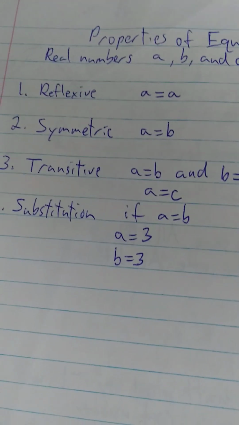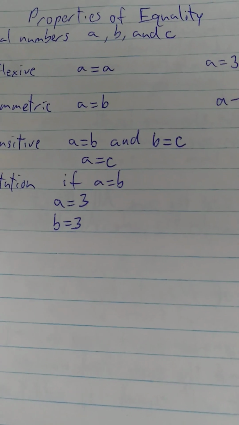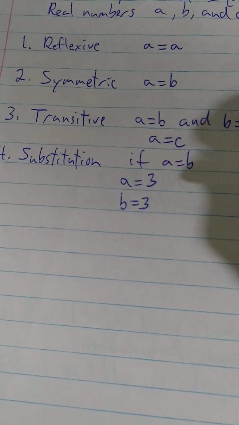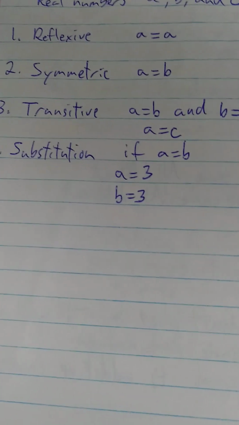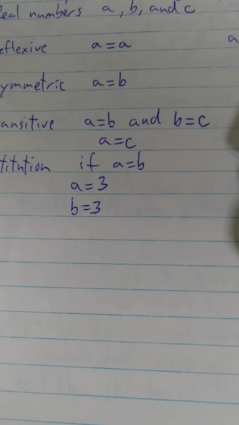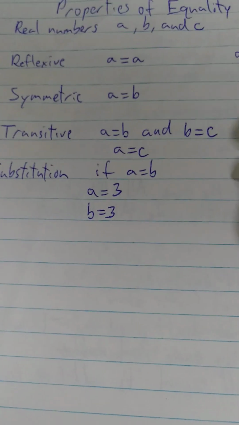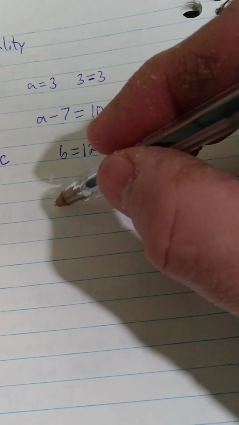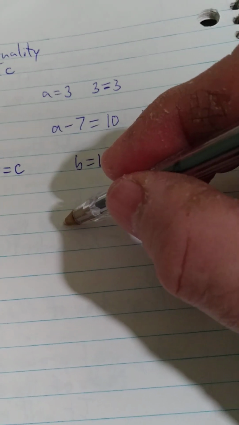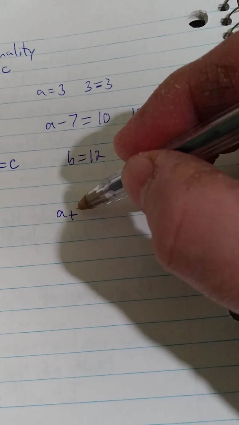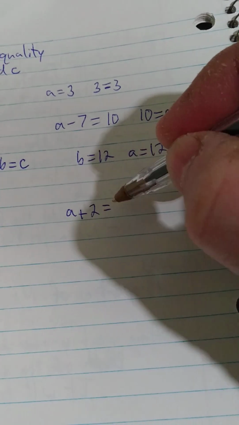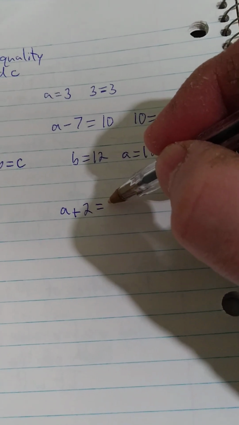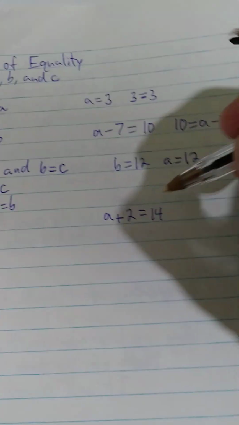Now the last one, the substitution, I've already kind of given some example of that, where we substitute one term for another. I'll give another example here. If A equals B, and suppose we have, let's see, A plus 2 equals, let's say, 14.